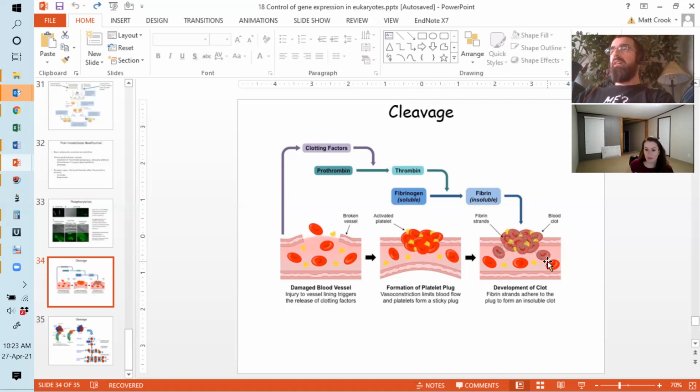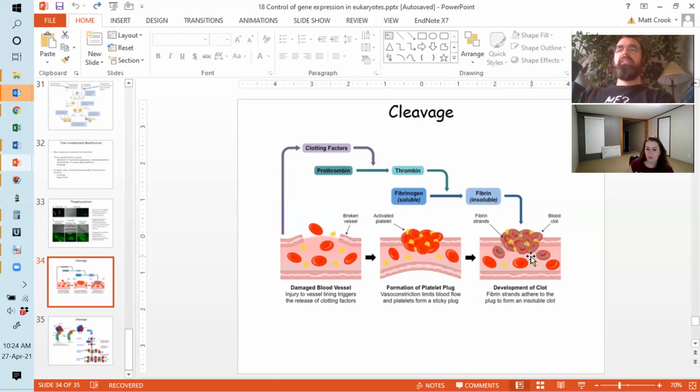And then the second thing that happens after that is this mesh of fibrin. And so fibrin is basically like a net or a mesh that holds that clot together, right? So the first thing is that you plug the hole and then you make that essentially permanent, right?